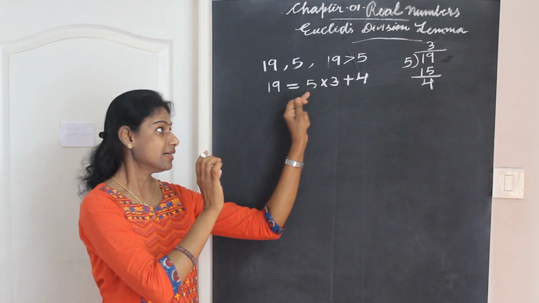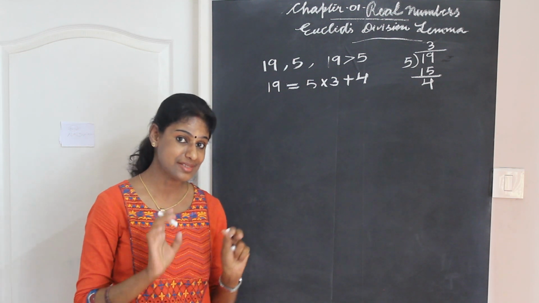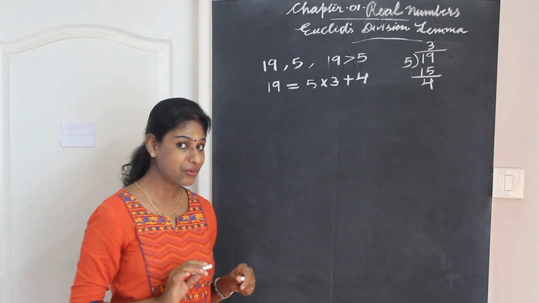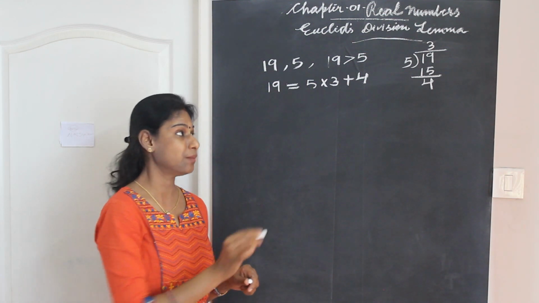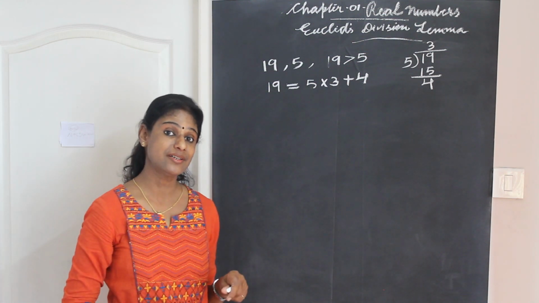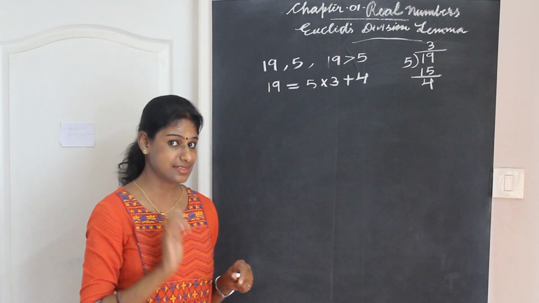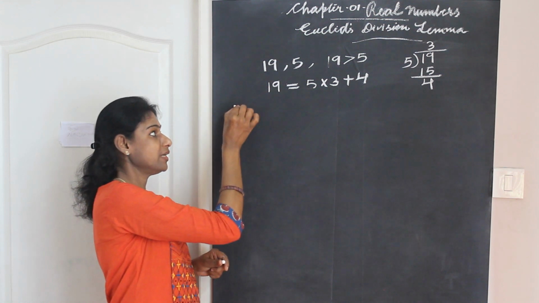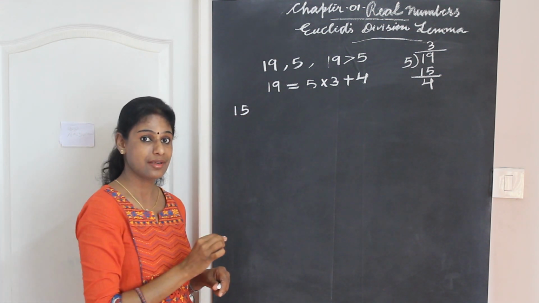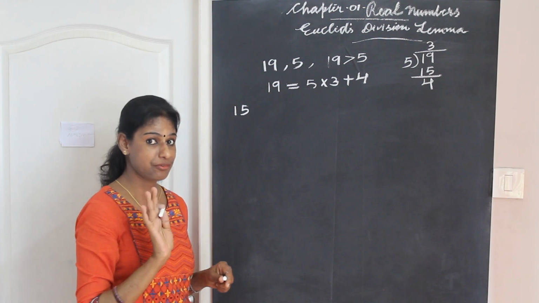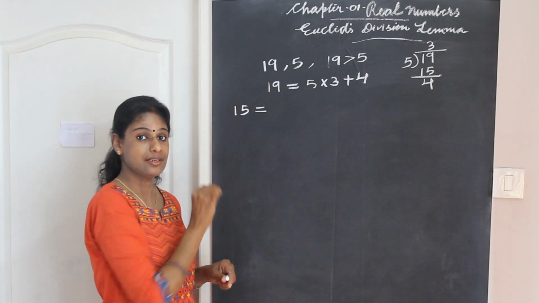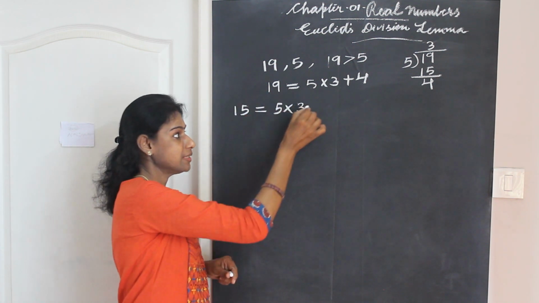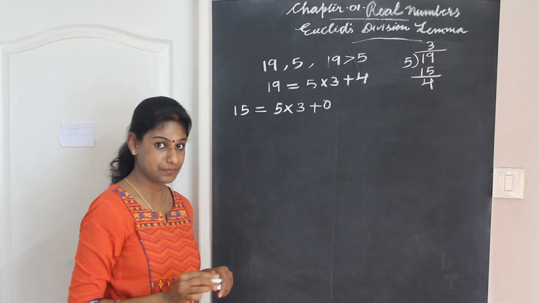Now, Euclid's division lemma says that the value of the remainder depends upon the value of the divisor. Let us see how. Instead of 19, now I am taking 15 and the divisor the same 5. So we know that 15 is equal to 5 times 3 plus 0, no remainder.